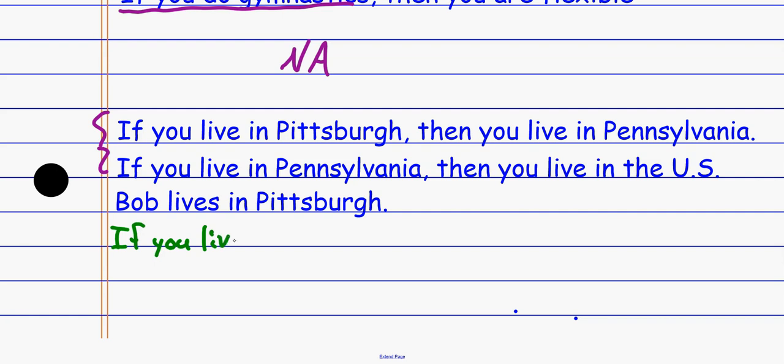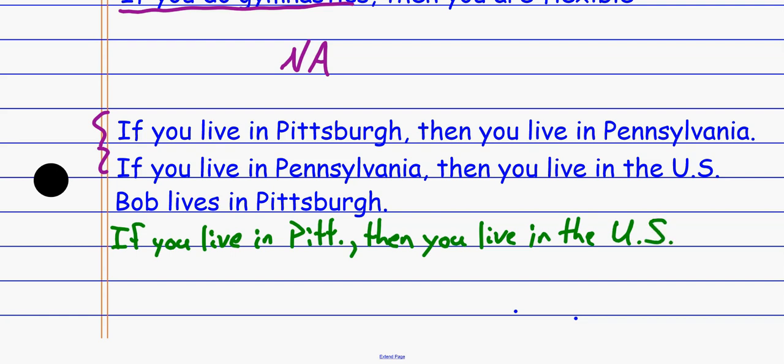If you live in Pittsburgh, then you live in the U.S. Okay, so that's the conditional statement that I can make using the law of syllogism, using that thing that's like the transitive property. If you're in Pittsburgh, then you're in Pennsylvania. If you're in Pennsylvania, then you're in the U.S. So I can make the conclusion that if you're in Pittsburgh, then you're in the United States. Okay, if you live in Pittsburgh, you live in the United States.